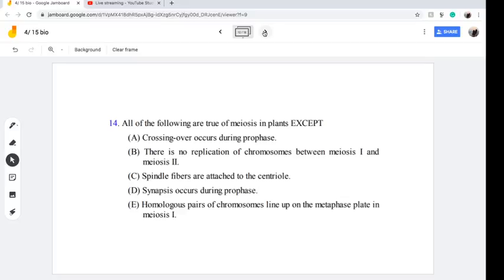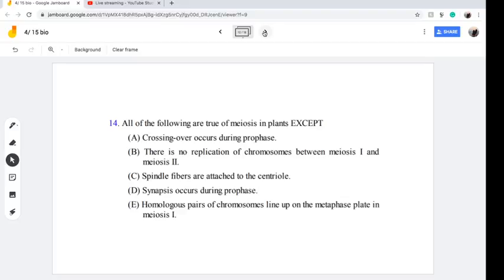This question asks to pick out an answer choice that is not true of meiosis in plants. And I'll give you guys a couple of seconds to look at the answer choices. So if you recall back from our lesson, we mentioned that plants do not have centrioles or centromeres.